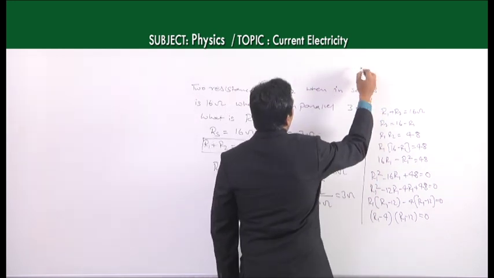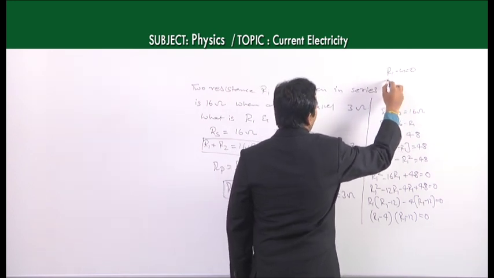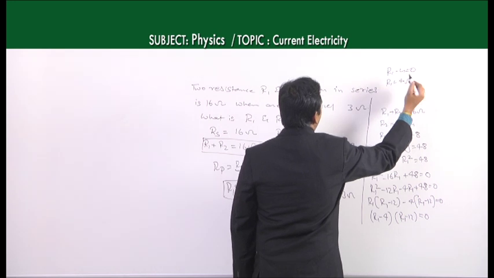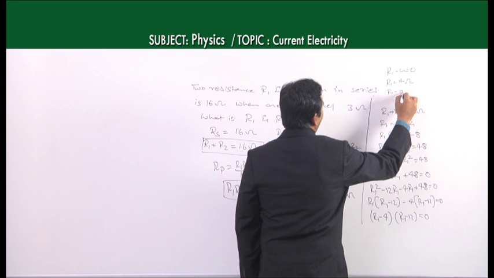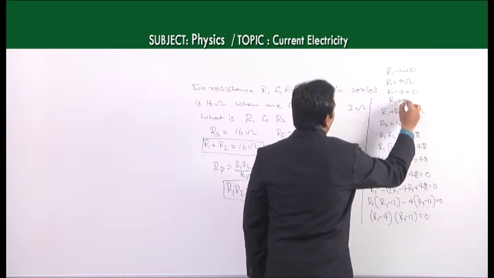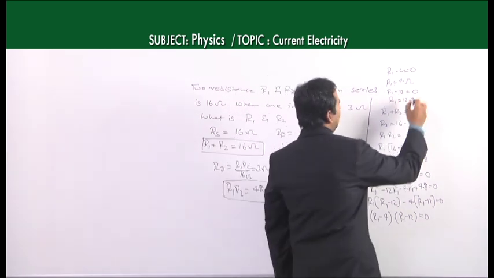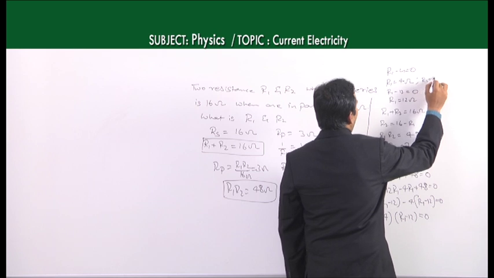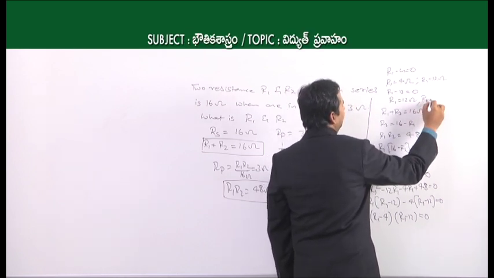Finally we got R1 minus 4 is equal to 0, which gives R1 as 4 ohms, and R1 minus 12 is equal to 0, which gives R1 equal to 12 ohms. When R1 is equal to 4 ohms, obviously R2 becomes 12 ohms. If R1 is 12 ohms, then R2 becomes 4 ohms.